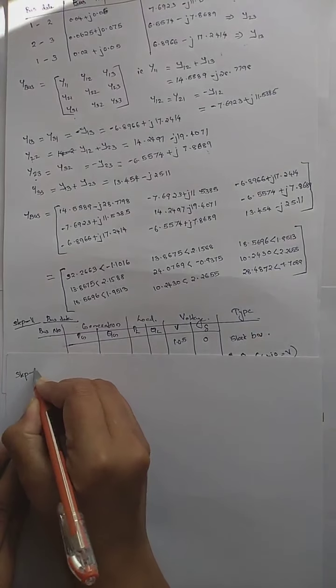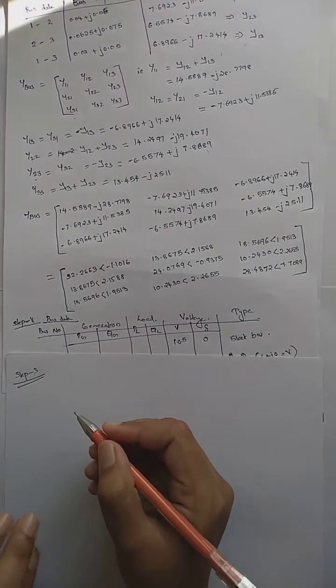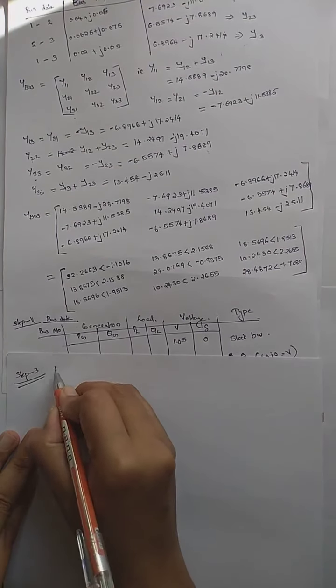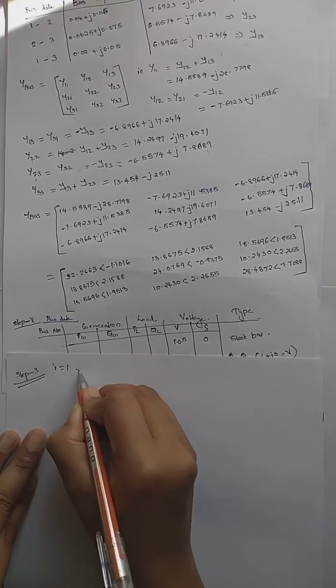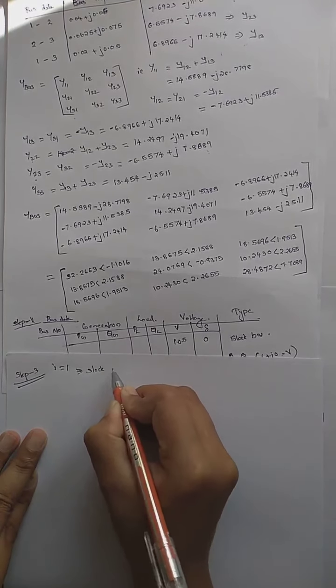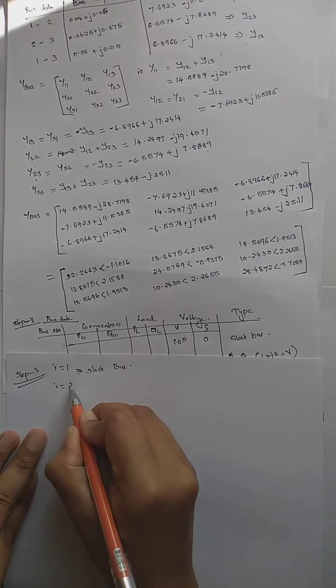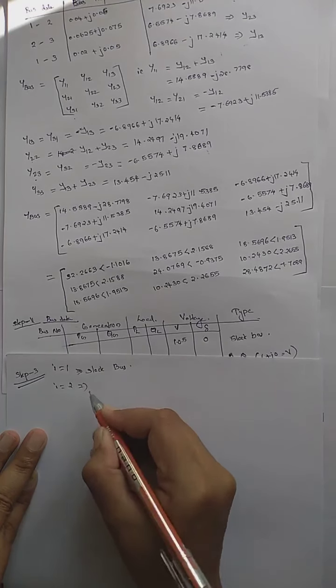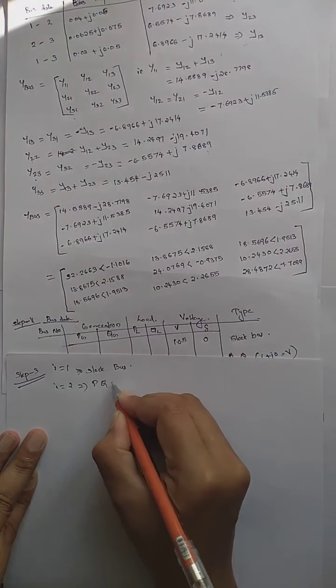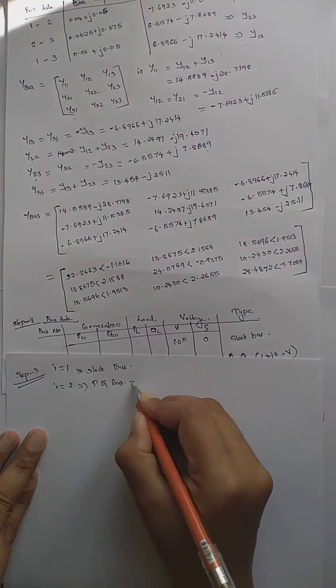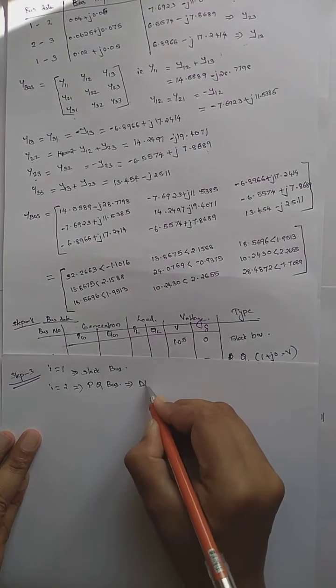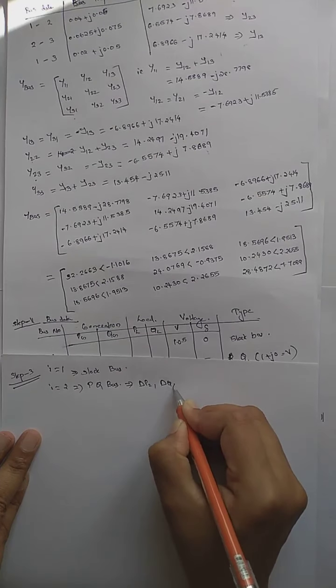Step 3, what I am going to do is I have to find out delta P. So for all, bus 1 is a slack bus, so we don't have to find out anything. So bus 2, I is equal to 2. What happens when I is equal to 2? I is a PQ bus. So what we have to do? We have to find out delta P2 and delta Q2.